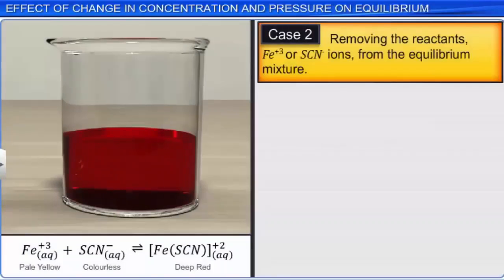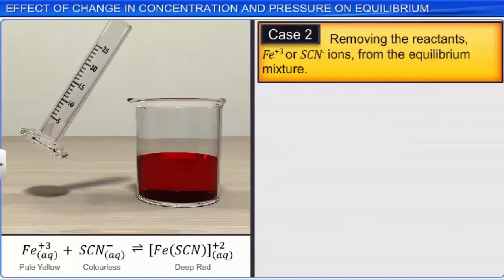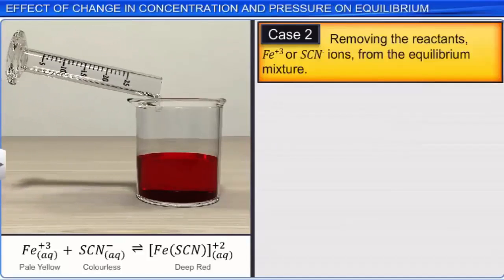Case 2. Removing the reactants Fe³⁺ or SCN⁻ ions from the equilibrium mixture. Now, suppose you add a few ml of oxalic acid to the reaction mixture at equilibrium.